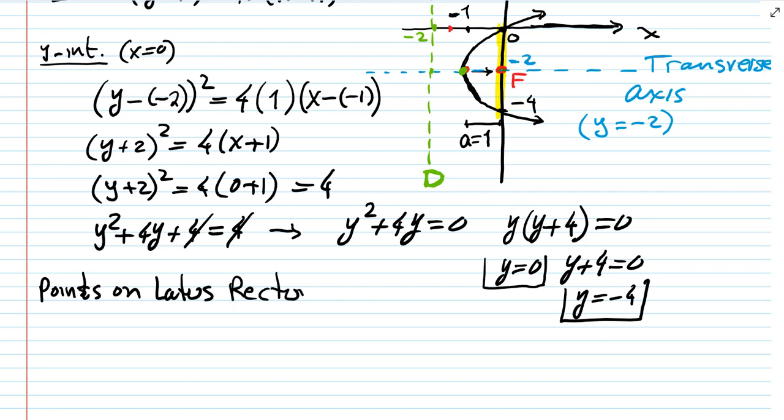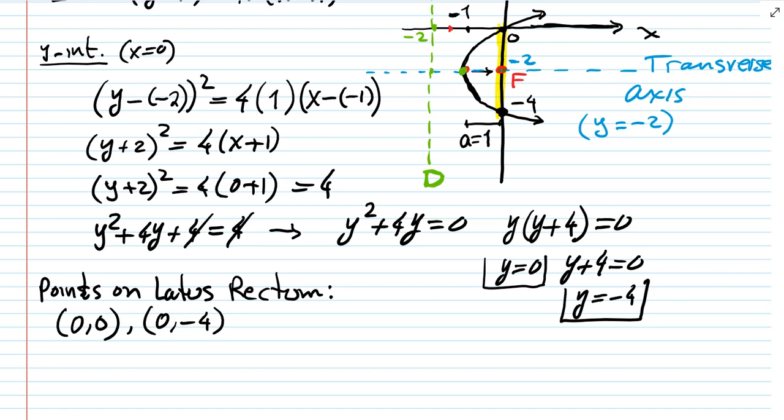In this case it is going to be 0, 0. That's the one that runs through the origin, right? It has to go through the focus and connect 2 points. So one is 0, 0, and the other point is right here, 0, -4. There you have it. Okay, so another good example of this one.